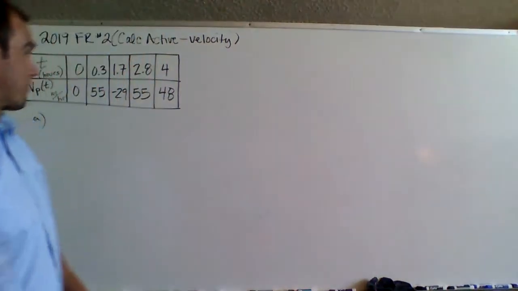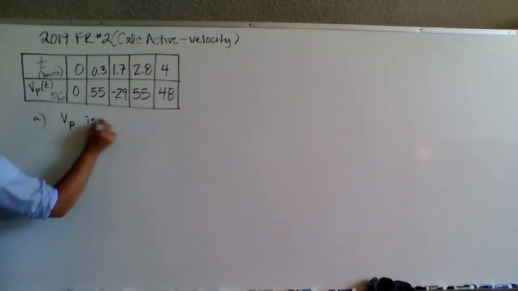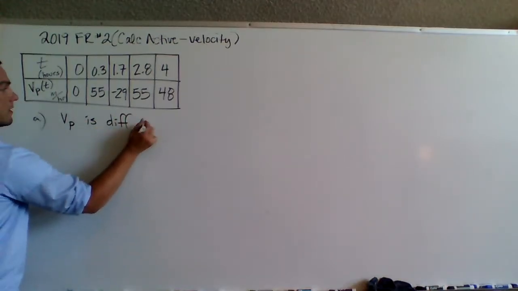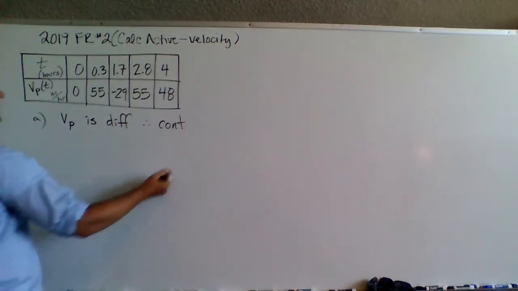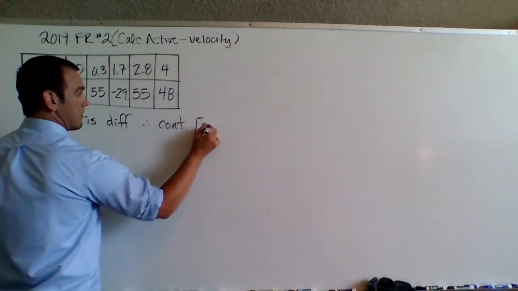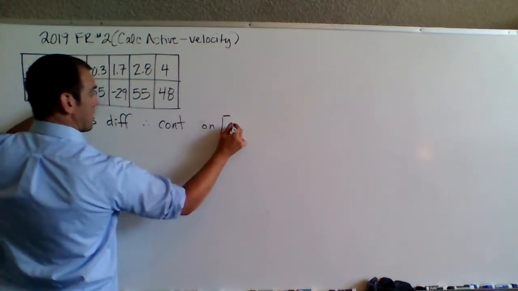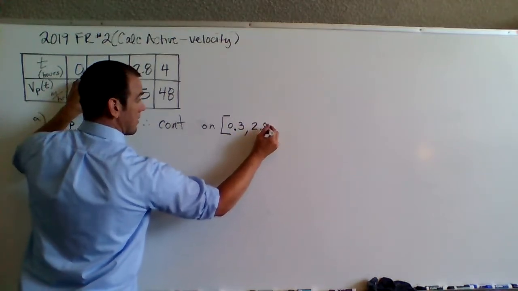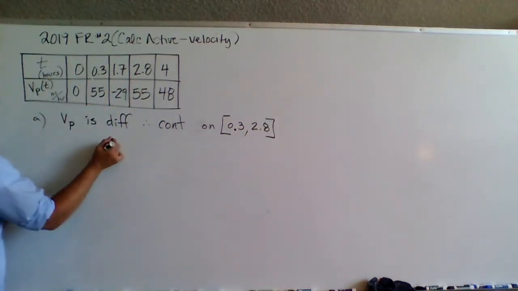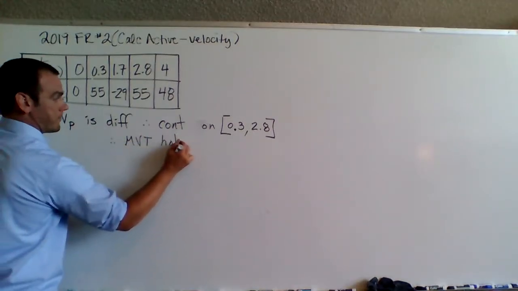So that's where we want to begin. I want to say V of P is differentiable, therefore continuous, on the interval 0.3 to 2.8. Therefore, MVT holds true.